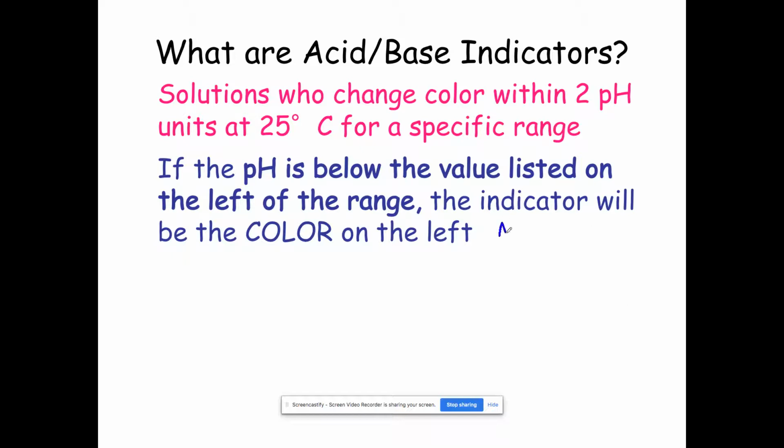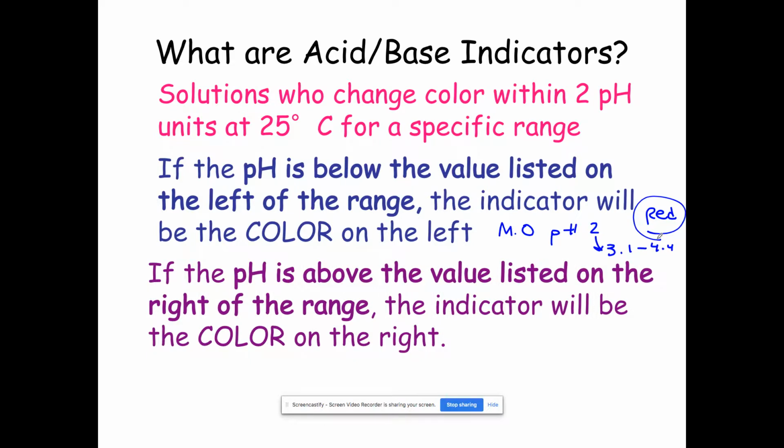Let's say I have methyl orange in a substance with a pH of 2. If I look at methyl orange, 2 is below the range here. See how it's below this range? So that means it's going to be the color on the left, which would be red. Okay?